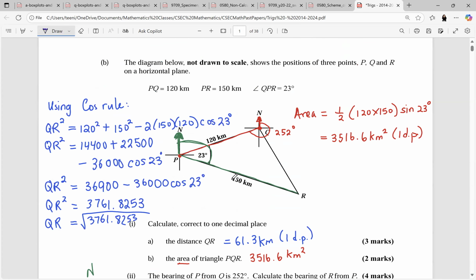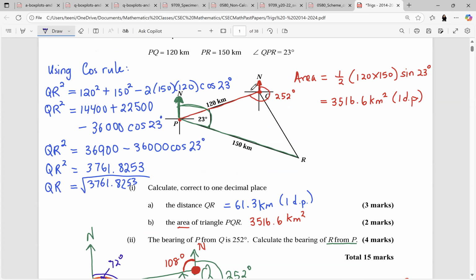So the first part, we had to use the cosine rule to determine the length QR. It was recommended to use the cosine rule because it's an unknown side we're trying to find when we are given two sides and the included angle.